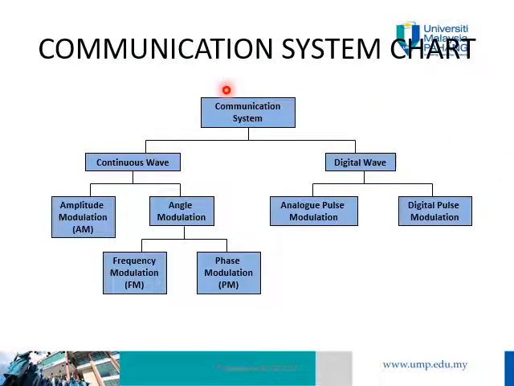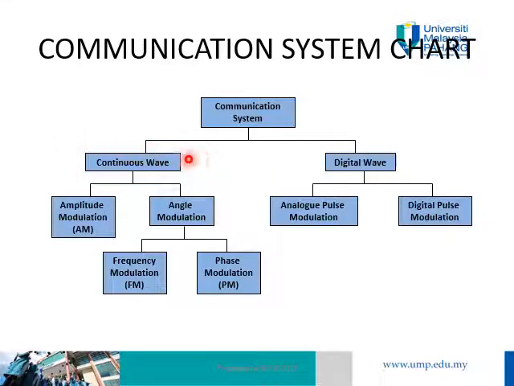Okay, this is a general classification in communication system. So in general, communication system can be divided into two, which is continuous wave or analog and digital wave.